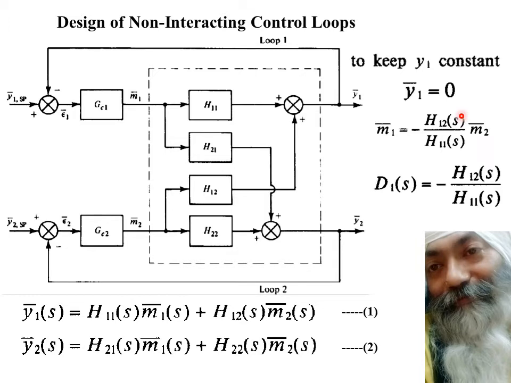Someone should ask, why have you taken d1 equal to minus h12 over h11? You can always say that we have determined that the effect of m2 multiplied by this term happens to be its equivalent in terms of m1, that is why we have taken d1 equal to this factor, minus h12 upon h11.